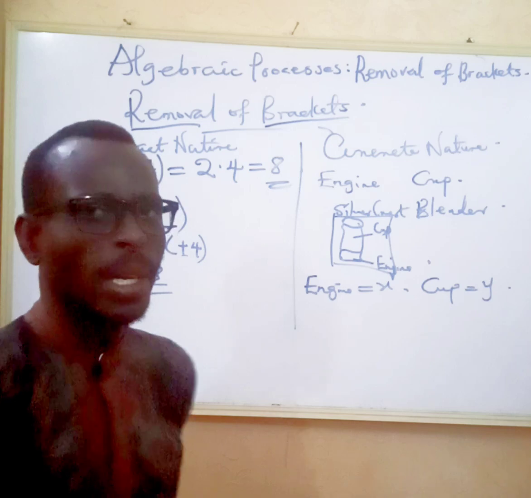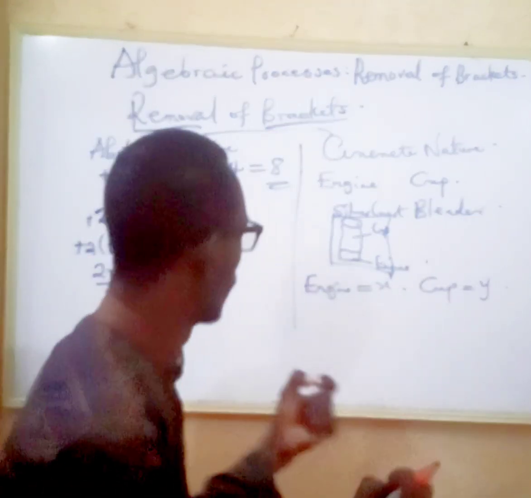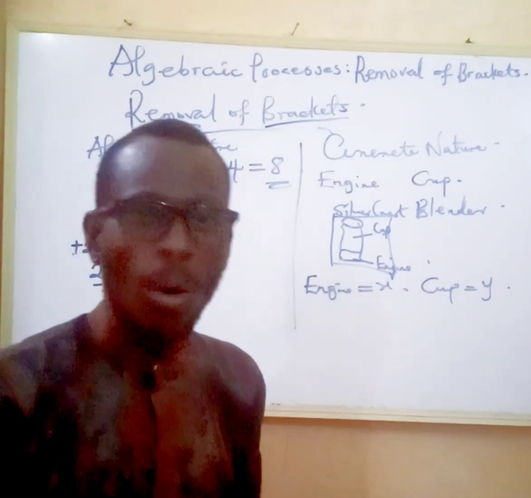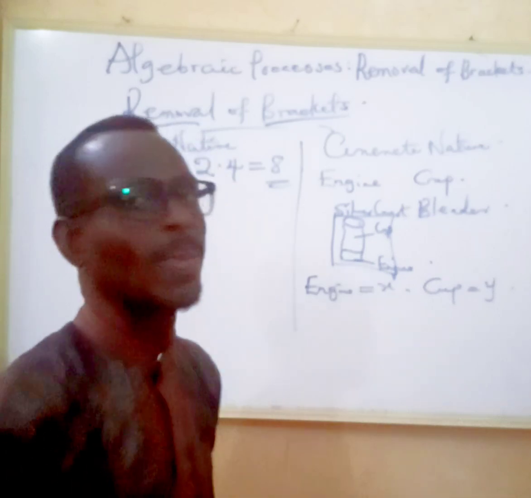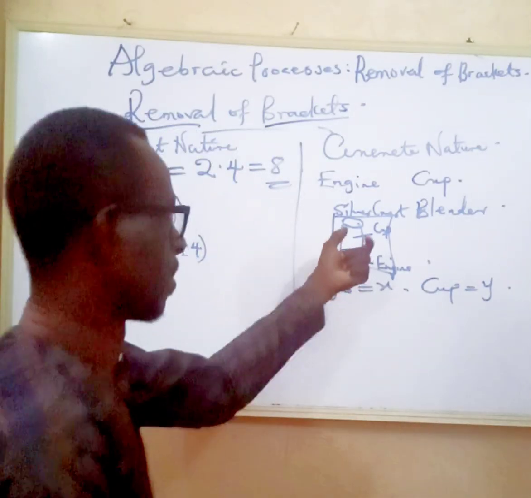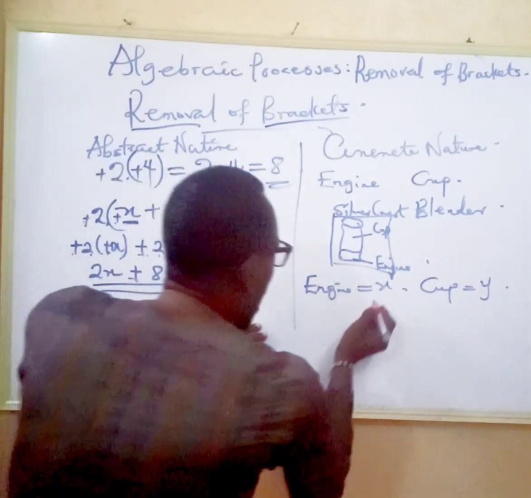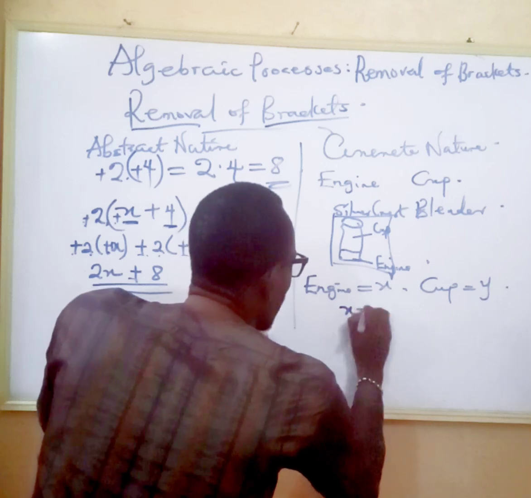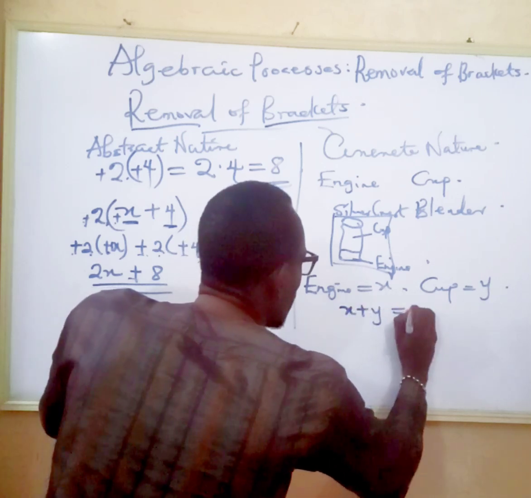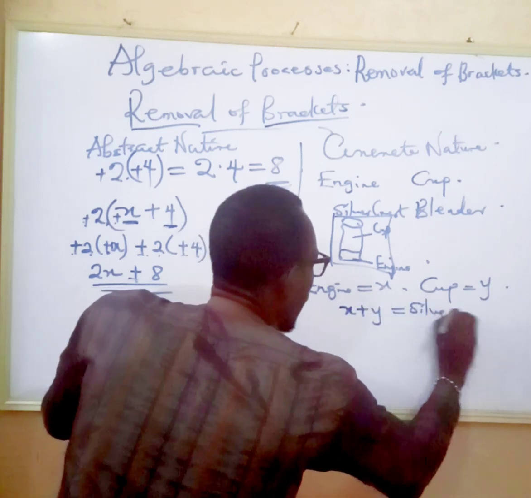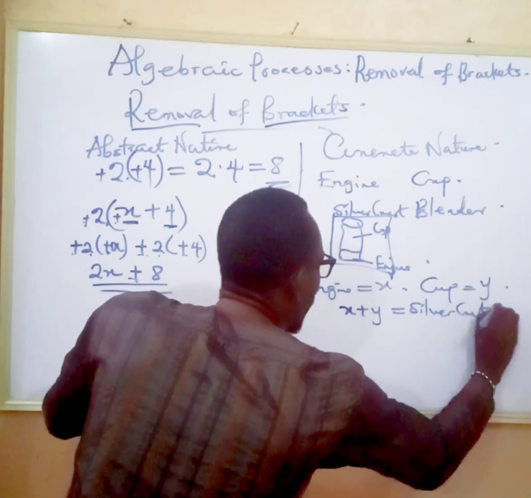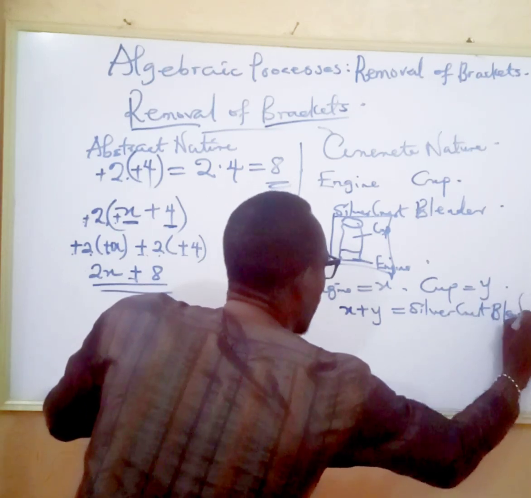Now, the combination of the engine and the cup constitutes what is called a Crest blender. So, by the time you add the two together, it gives us the Crest blender.